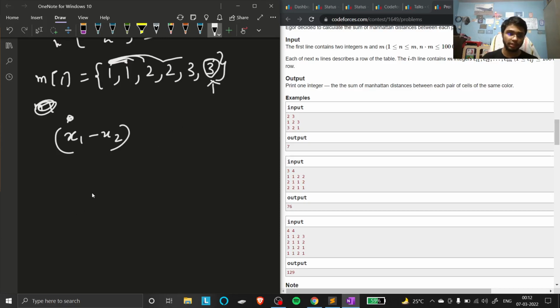If there are 6 elements, 3 would come 5 times, because everyone would approach it. And we will also subtract how many times 3 would be lesser than any number. It wouldn't be lesser than any number, so here it would be 0 into 3.